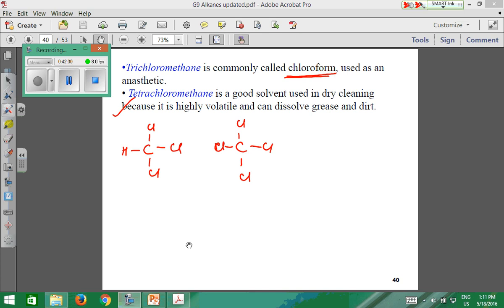Actually, when we wear shirts and other clothes, some kind of grease comes out of the body and dirt sticks to it, and we say that the shirt is dirty. So when they give them for dry cleaning, this will dissolve them. Because if you do this with water, grease cannot be removed. So this is the use of tetrachloromethane.